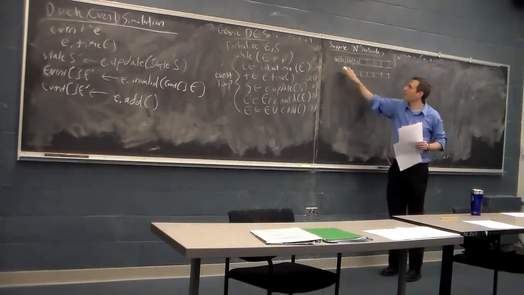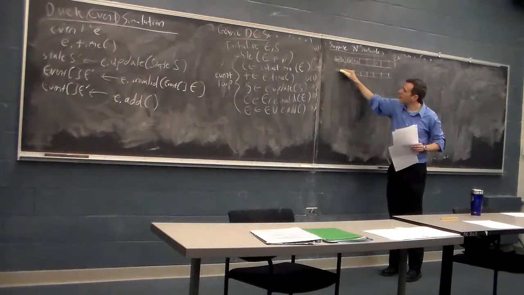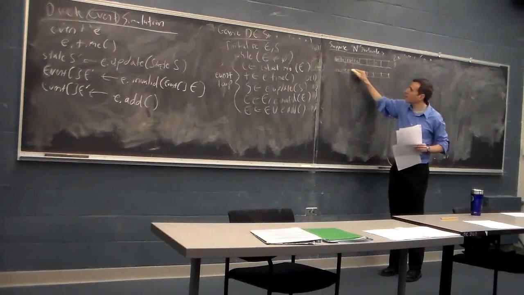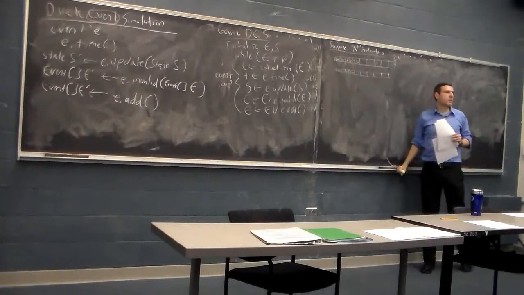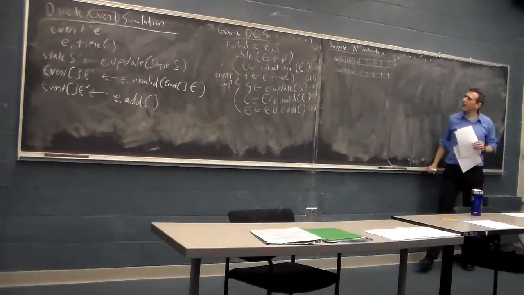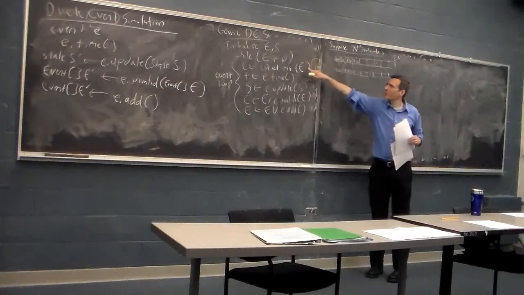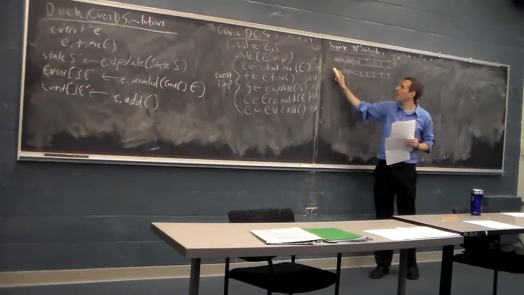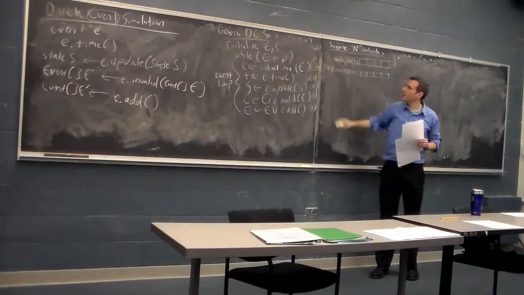So we know the minimum time event is here, and then the next one, and the next one, and so forth. What would our time for the first step be then? Yeah, so that would now be order 1.